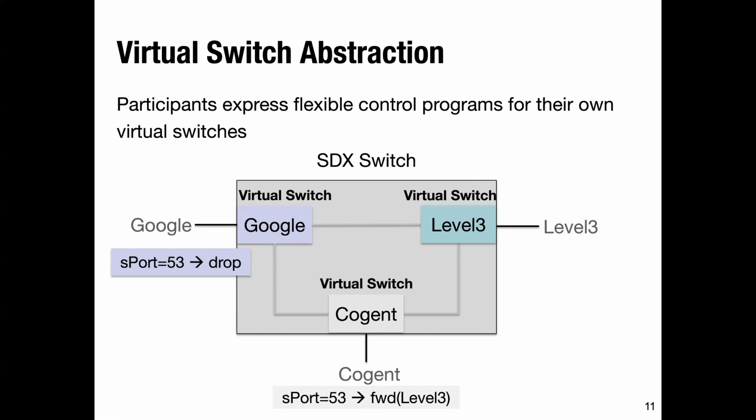You are matching on the input, and then you're applying Cogent's policy. Based on Cogent's policy, if the output port is Level 3, then the traffic goes to Level 3, and then the egress policies of Level 3, which are expressed in its virtual switch, will be applied, right? So this is sequential composition of policies expressed across different virtual switches, right?